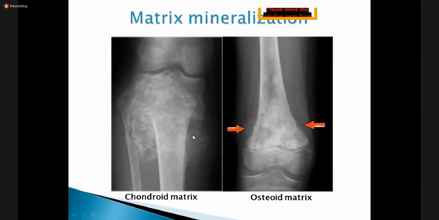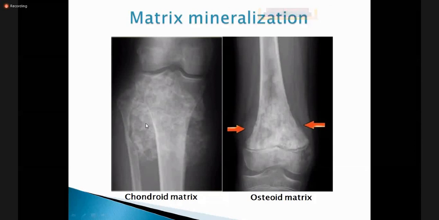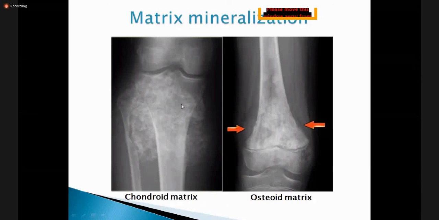When there are punctate, small dots, and arcs, you see the arc-like calcification. So this is chondroid calcification, and when there is solid cloud-like calcification, this is osteoid calcification, meaning the tumor is osteogenic, and this is the cartilaginous tumor.